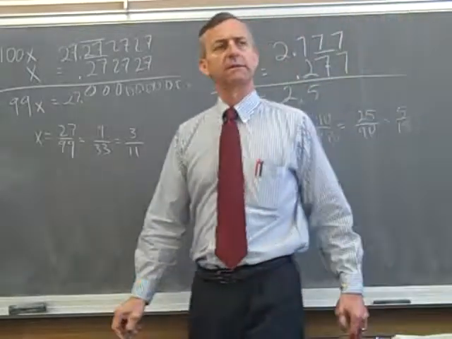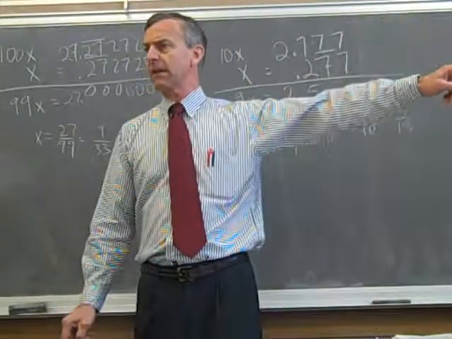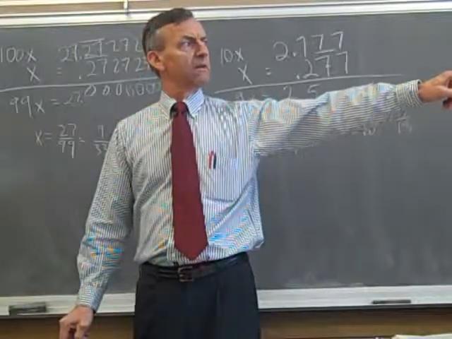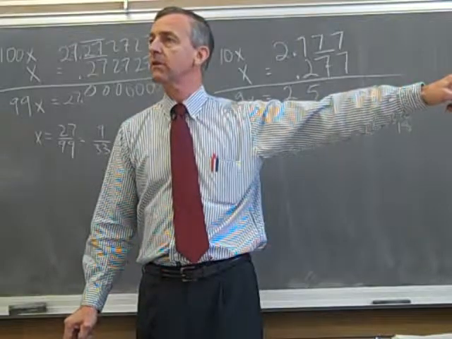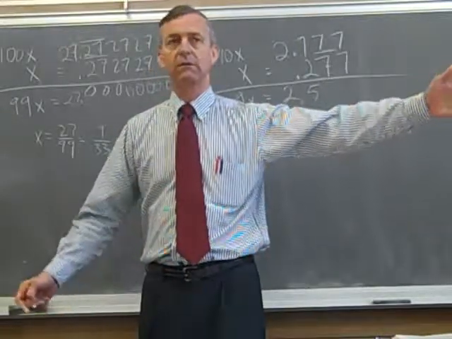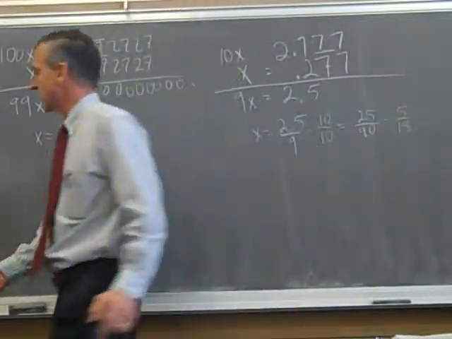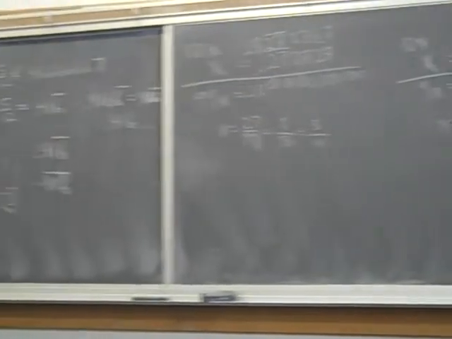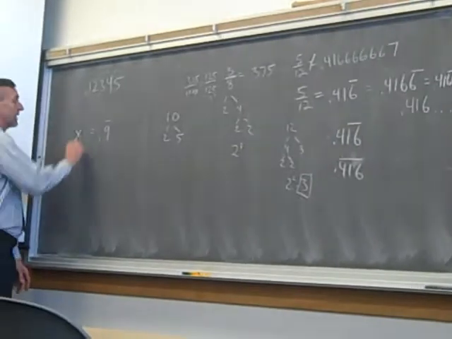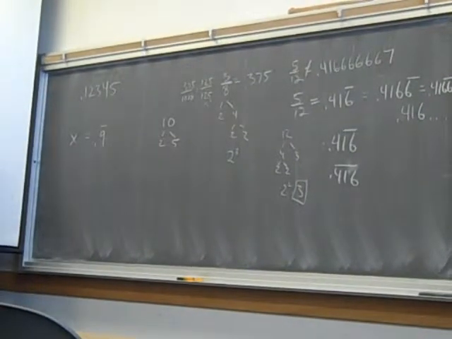While we're at it, let's go over here and investigate this right here. You guys don't think that 0.9 with a bar over it is equal to 1. So let's check it out. What is it if it's not 1? 0.9 with a bar over it. We don't know what it is, let's call it x. What's the procedure?